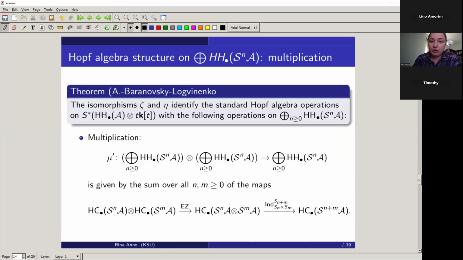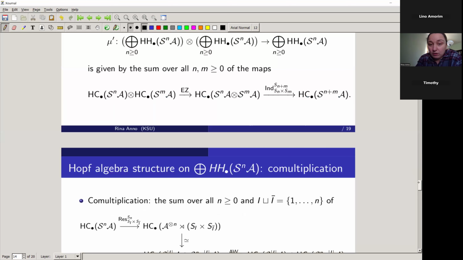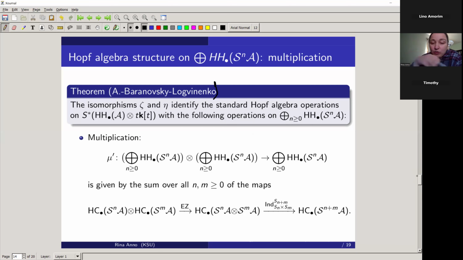So about the total Hochschild homology of S and A, we can get it with these isomorphisms. The Hopf algebra structure is done by just the shuffle product. So that's the Eilenberg-Zilber map, the Künneth formula, and then induction. So we have a tensor product of n copies of A symmetrized, tensor m copies of A symmetrized.